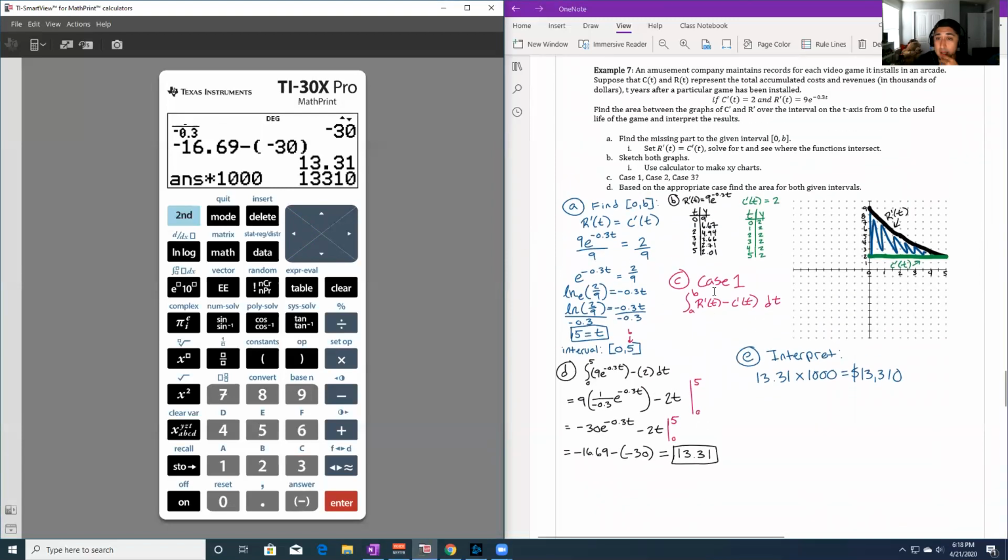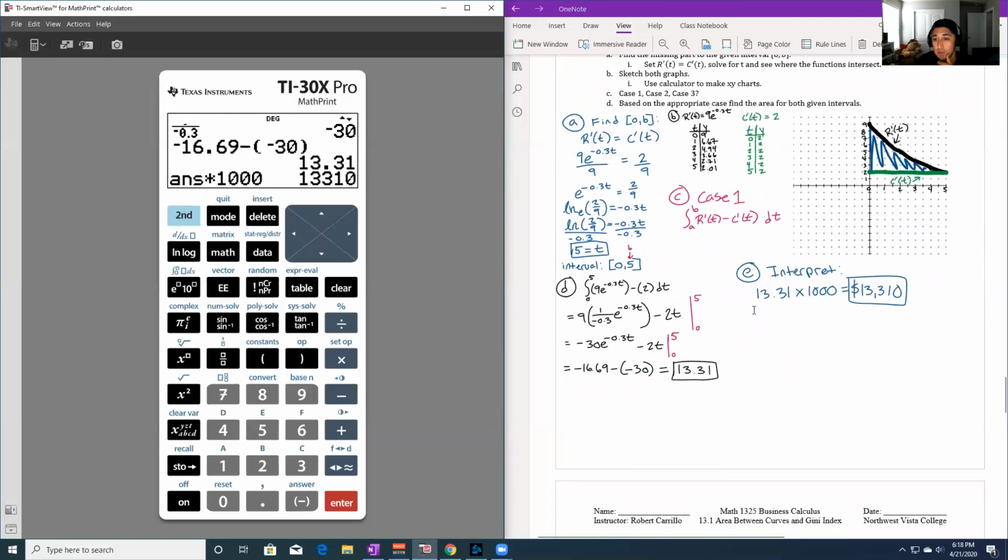So what this means is that over the lifetime of this game, from 0 to 5 years, this game has made this amusement company $13,000, right? So in the 5 years, it made the amusement company $13,000. So interpret: money made from 0 to 5 years.